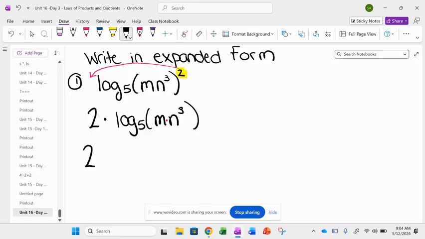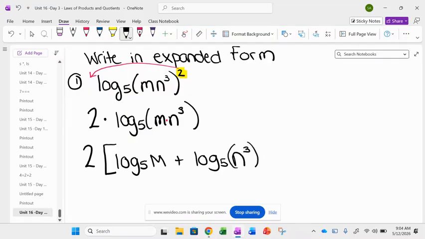So what do you think I have to put? Parentheses. So we're going to have log base 5 of m plus log base 5 of n cubed. Actually need these parentheses there. There's nothing else there.